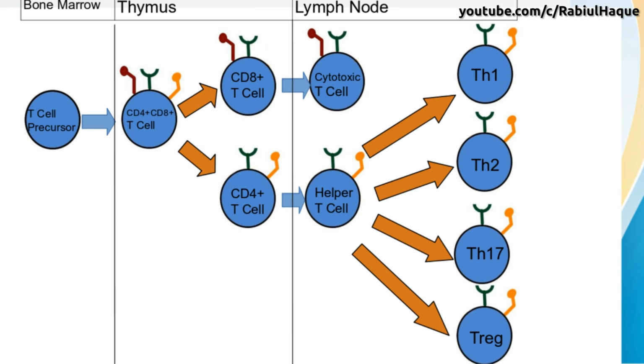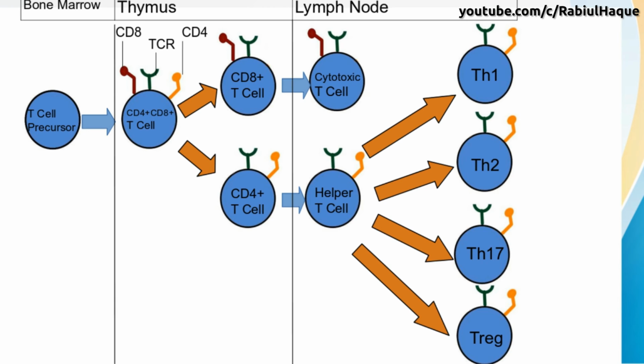Then those pro-thymocytes went to the thymus, and upon entering the thymus, they became thymocytes, and initially they were double negative and then they became double positive. When they became double positive, they are expressing both CD8 and CD4 on their surface, and ultimately they are differentiating into single positive T cells.